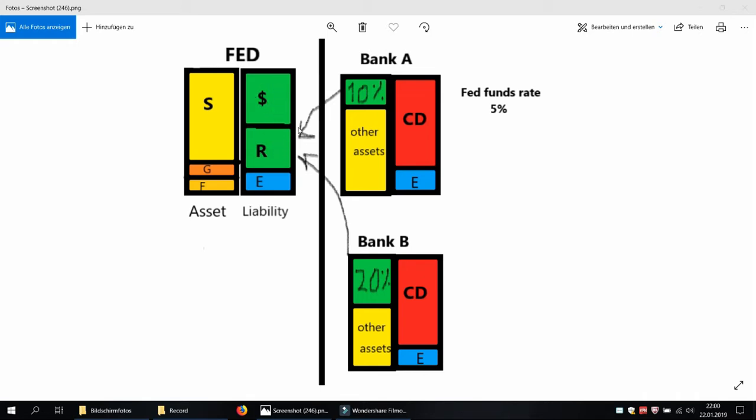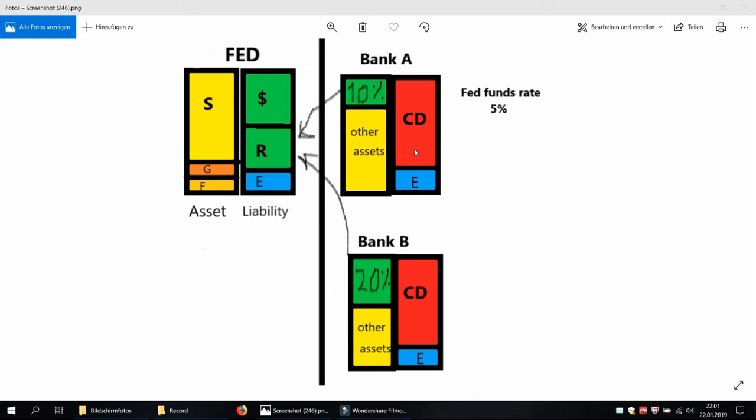The reserves are held for commercial banks, and what is important is that if the commercial banks need some cash, they call up the Federal Reserve, and the Federal Reserve ships cash to their vaults. The banks don't get any interest on the reserves they hold with the Fed. So basically it is dead money. That's why they try to have as few reserves as possible with the Federal Reserve.